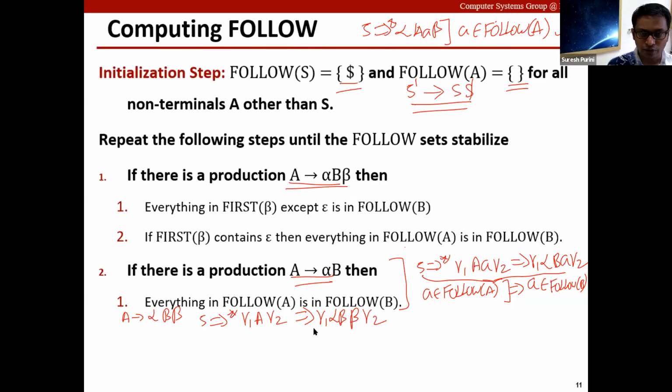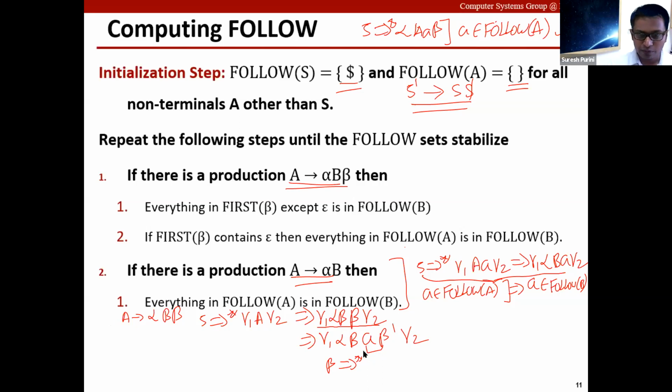And so from this, we should be able to generate something like alpha B beta prime gamma 2. There are too many symbols, but the idea is very simple. There is a sequence of derivations in which we can generate an intermediate form like this.